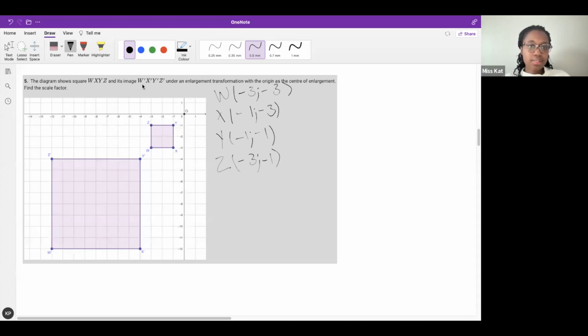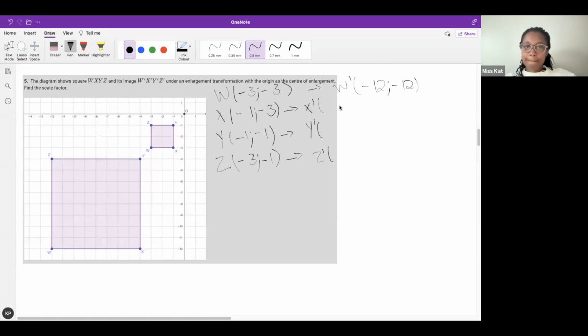Okay, let's see. Setabile's hand just went up. Yes, Setabile. Ma'am, I would like to help you with the enlarged one. Okay, let me write this. W prime, X prime, Y prime, and Z prime. Okay, let's get started. W prime is -12 and -12.